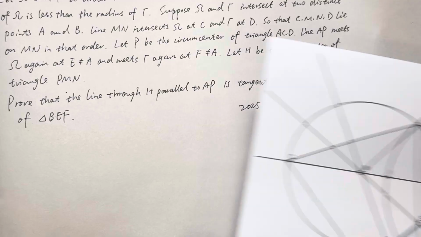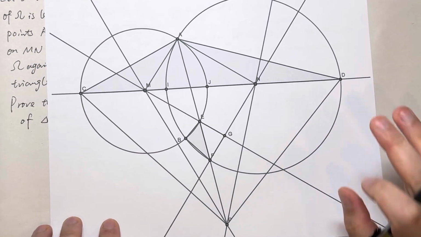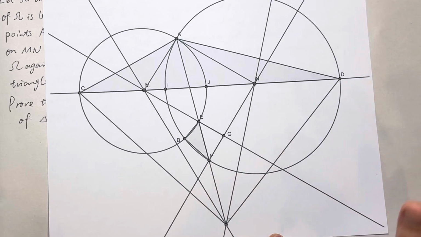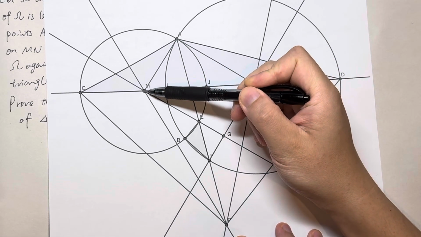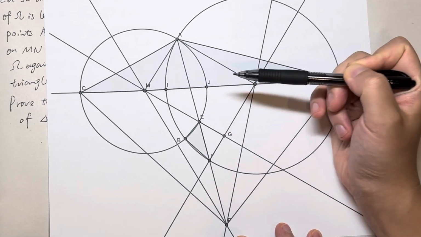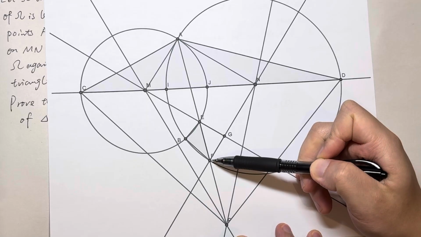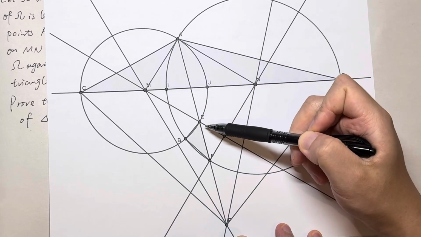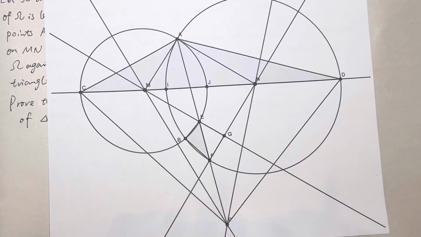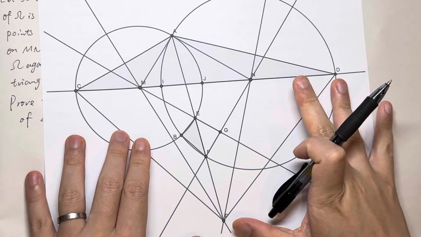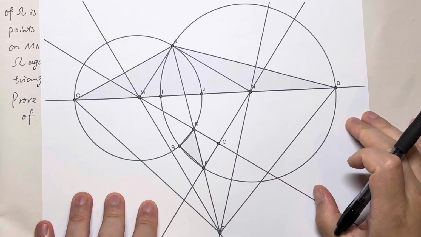Here is a figure I simplified, in which I removed H and G. Instead, I directly connect ME and extend it. I connect NF, which meets ME at a point. I call it G.